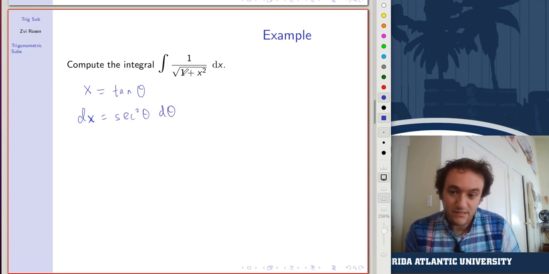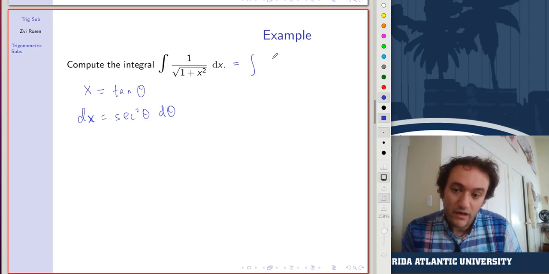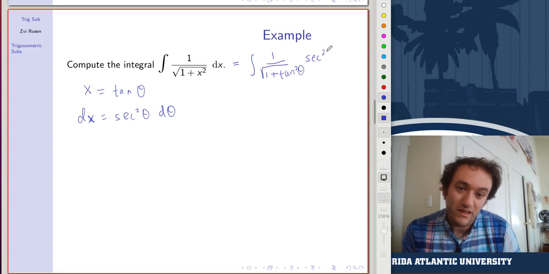And we plug it into this integral. This integral becomes the integral of 1 over the square root of 1 plus tangent squared theta times secant squared theta d theta.